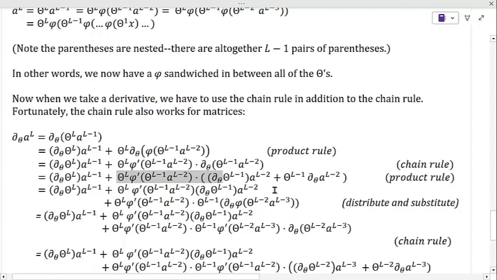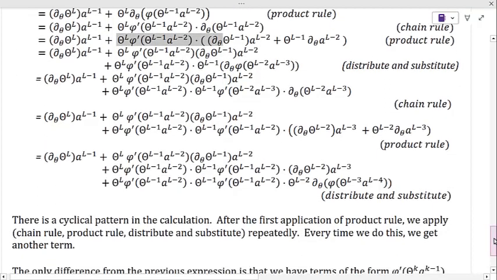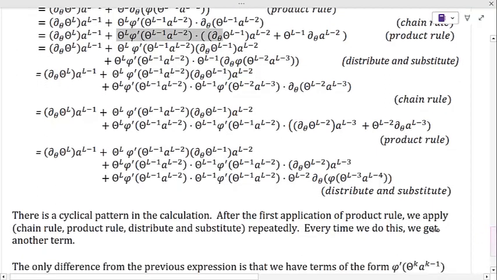And I just continue. If you follow this through, you can see that there's a cyclical pattern. I apply chain rule, then product rule, then distribute and substitute. Chain rule, product rule, distribute and substitute. And each time I do this, we get another term that represents another layer.